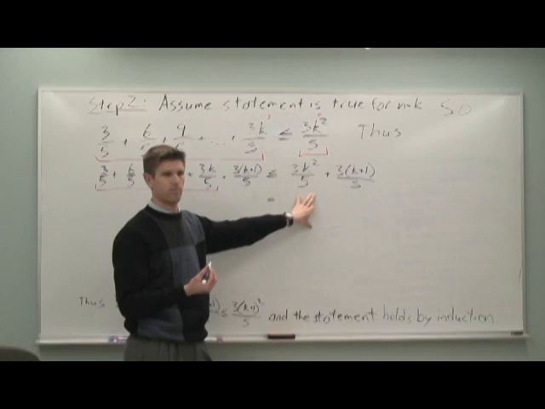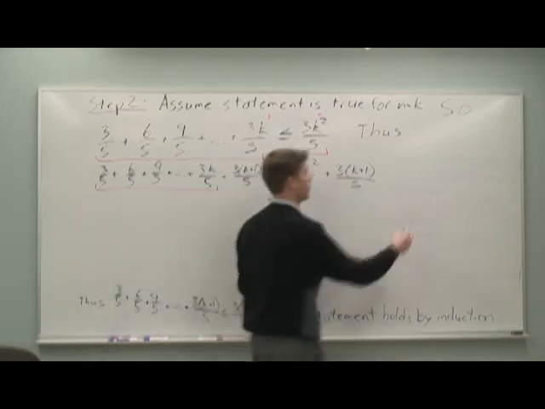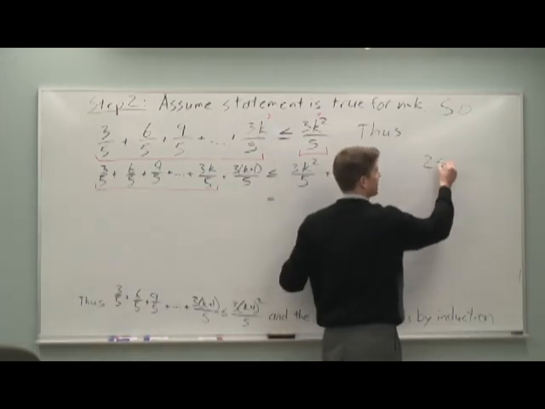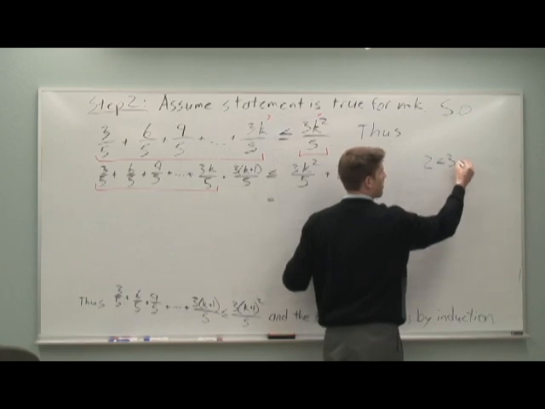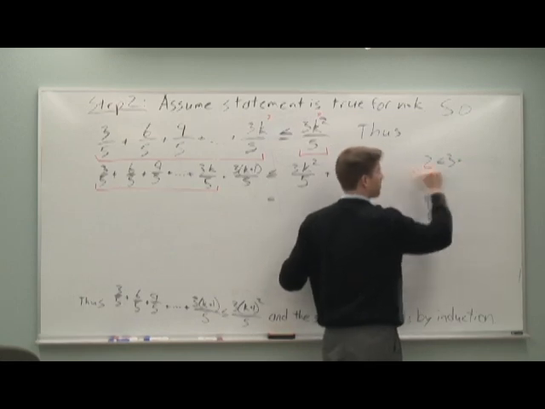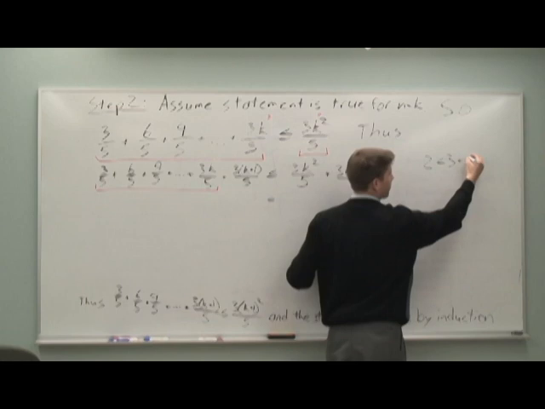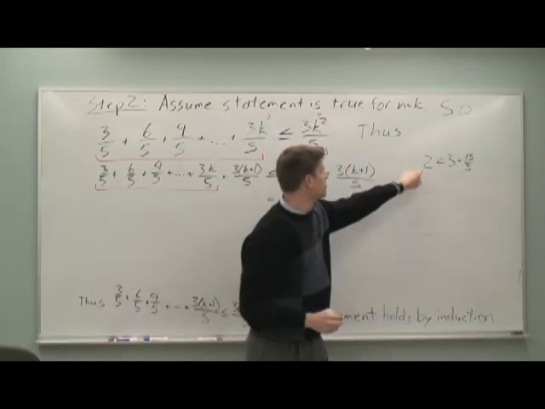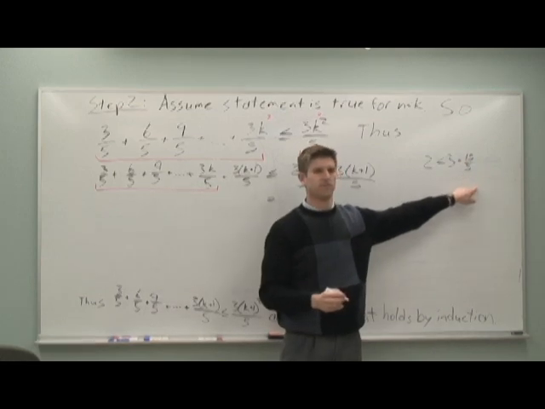Right? So 2 is less than 3, and 3 equals, I don't know, 15 divided by 5. That means 2 is less than 15 divided by 5.